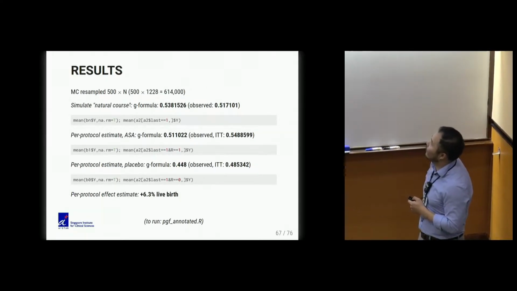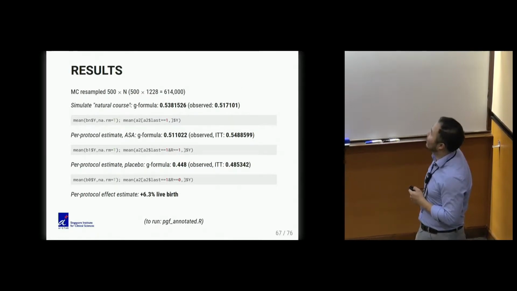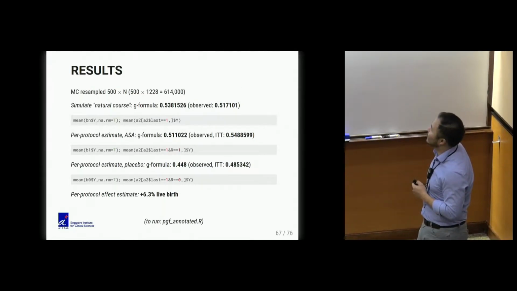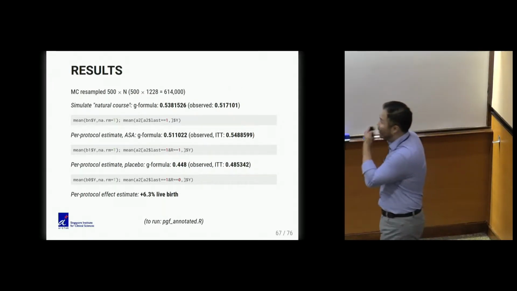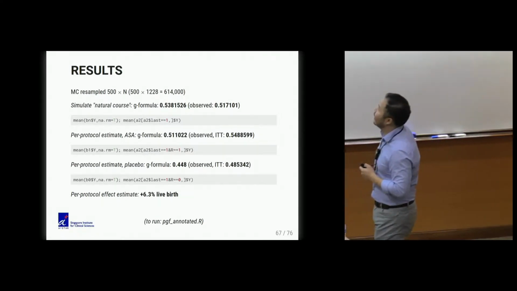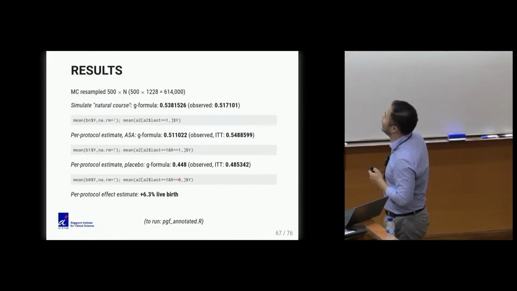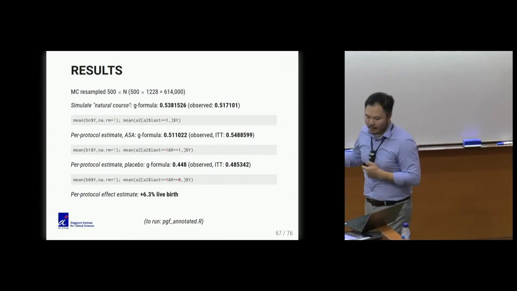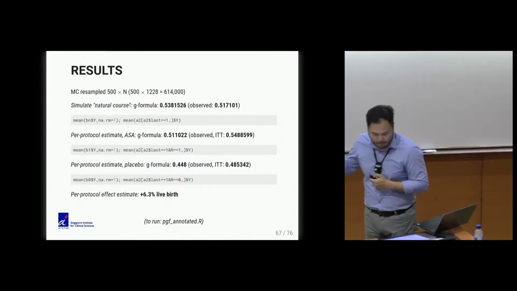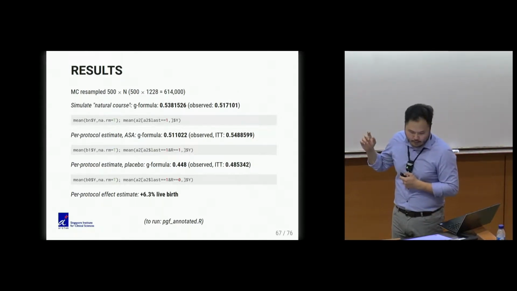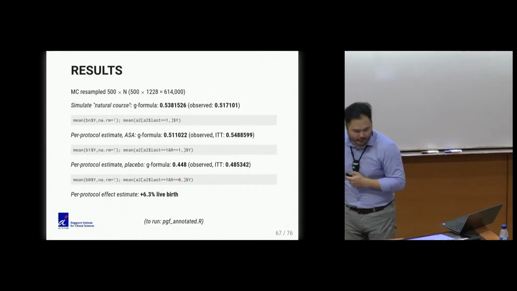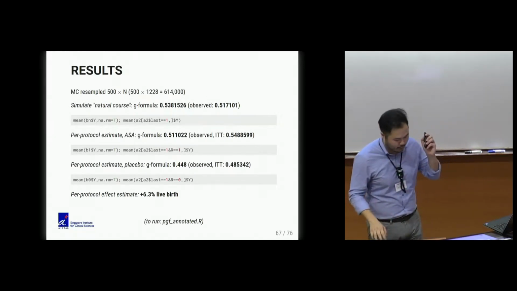Under placebo, 45%, and this is the observed one. So the per protocol estimate here is 6.3% greater live births under the treatment. This is actually fairly similar to the ITT one that was actually observed.